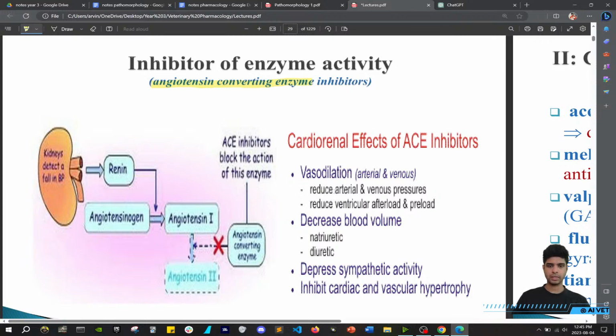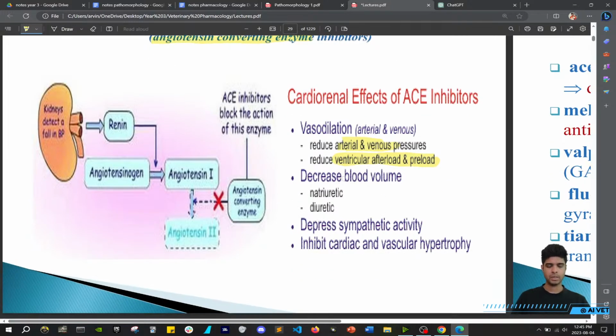Reduce arterial and venous blood pressures, reduce ventricular afterload and preload, decrease blood volume. When the blood pressure falls, obviously the volume also falls because not enough blood volume is pumped. So that makes sense. And depress sympathetic activity.